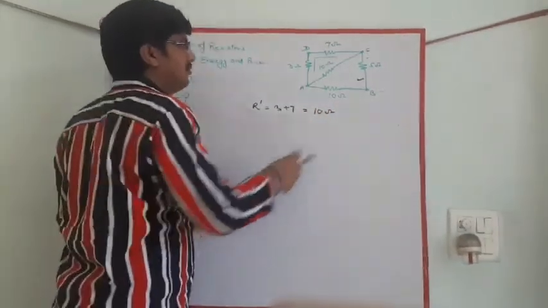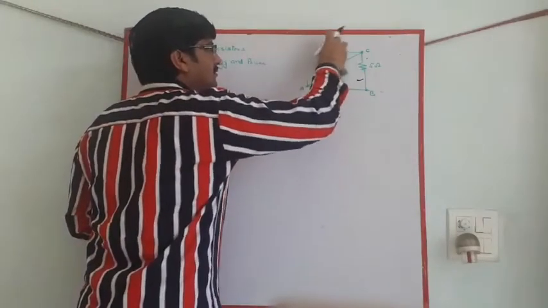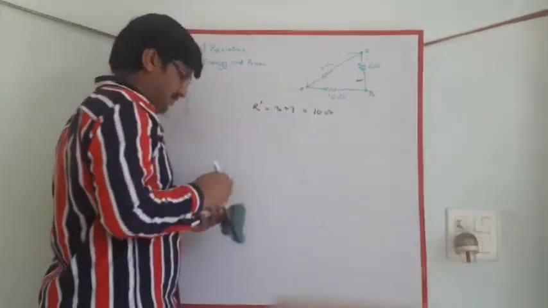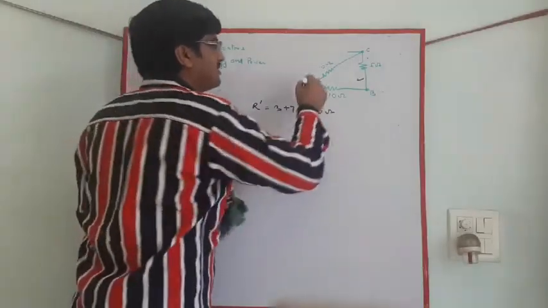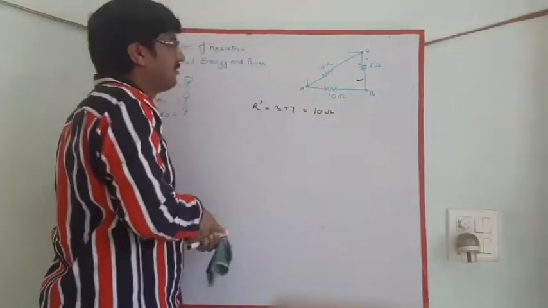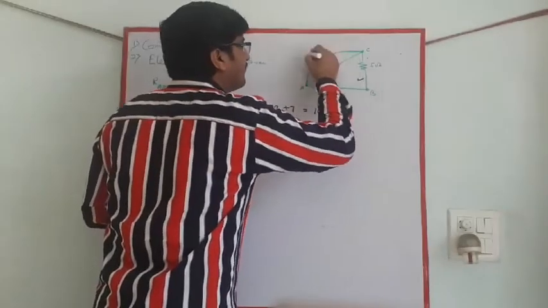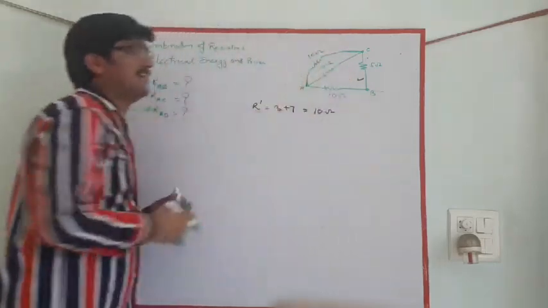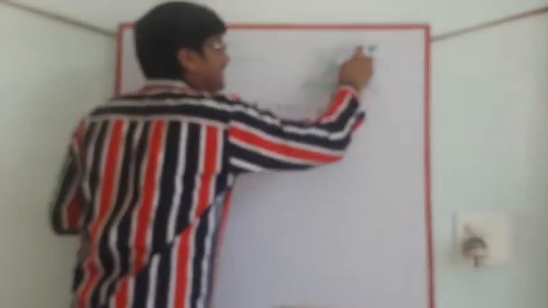So this resistance will appear as a 10 ohm resistance parallel to this 10 between A and C. Between A and C, these two resistances are parallel to each other.